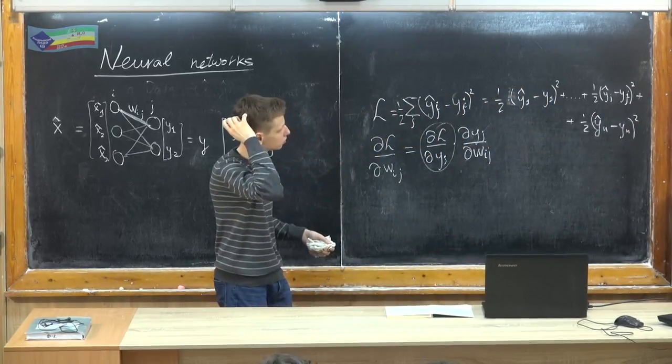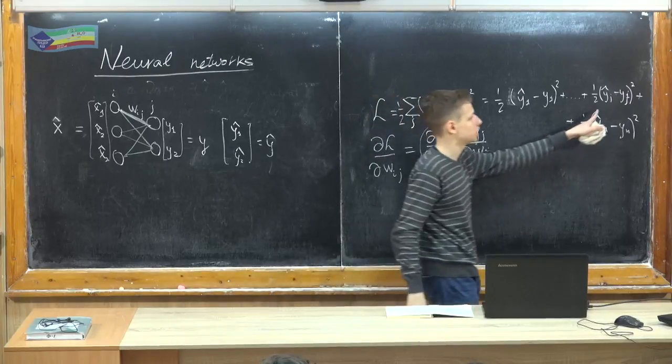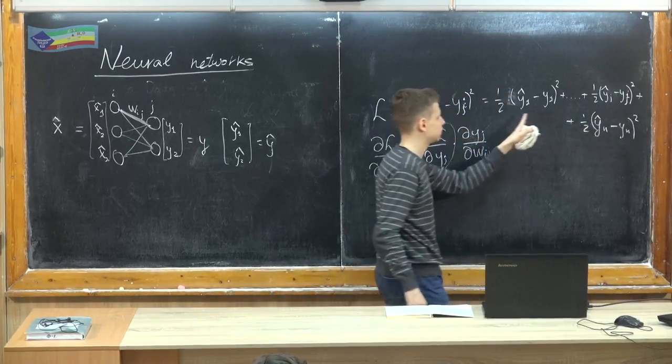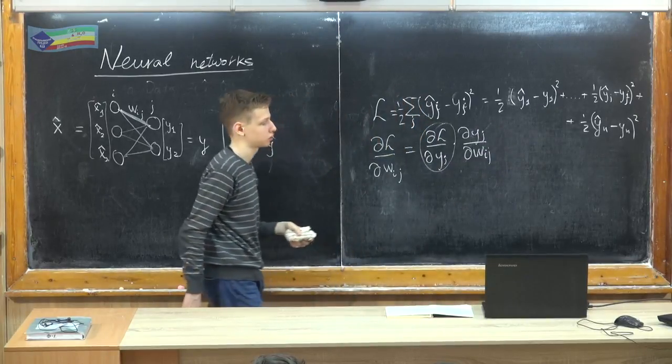That's how I rewrote it, and you can see that wij is included only in these brackets, and all other values can be treated as constants.